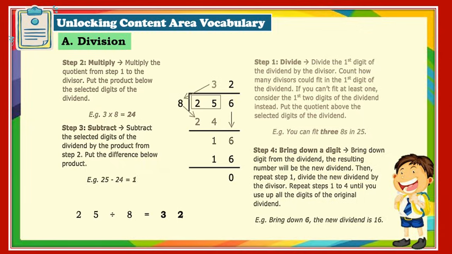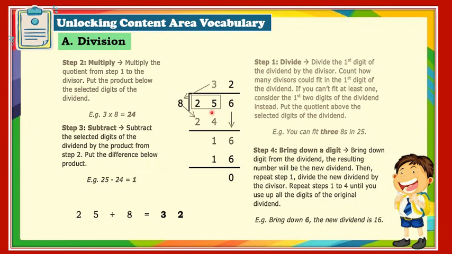In our case, we have 256 divided by 8. First step, we have to divide. Divide the first digit of the dividend by the divisor. For example, 2 by 8. It cannot fit, so we need to move another digit. Count how many divisors could fit in the first digit of the dividend. If you cannot fit at least one, consider the first two digits of the dividend instead.